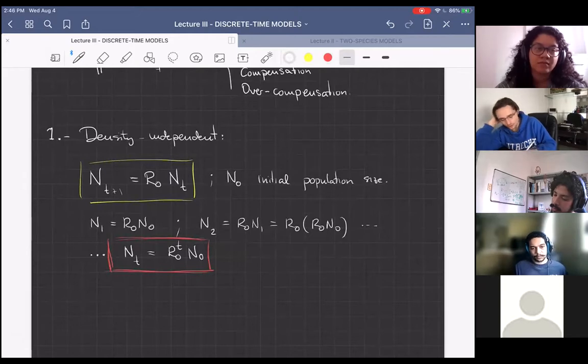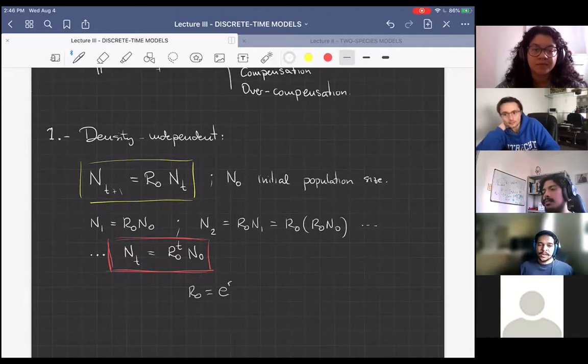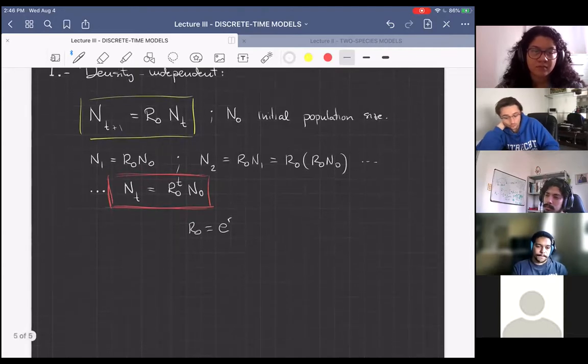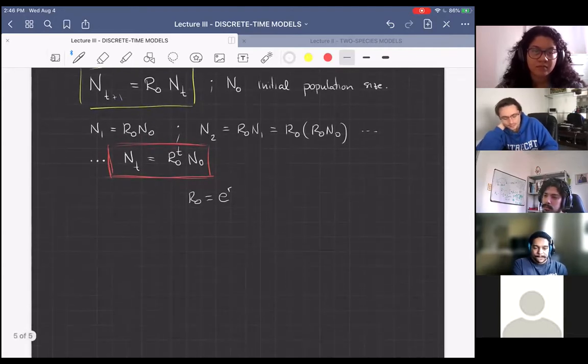And if we consider that R0 is equal to e to the power of r, then we recover the exponential growth. So this kind of density independent map is the discrete in time equivalent to the exponential growth that we saw before.